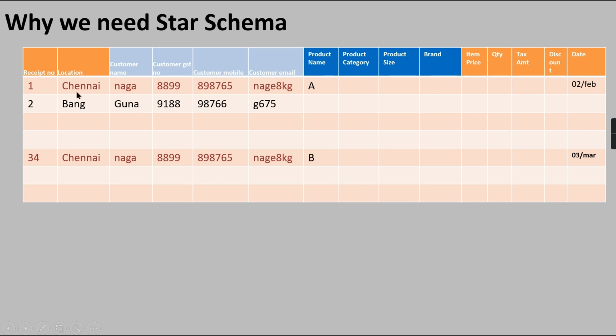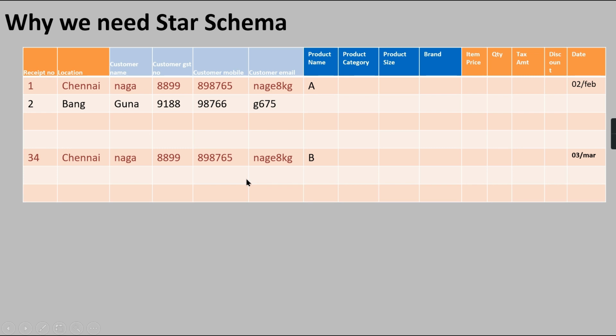You can see this particular customer purchased in Chennai and his information is repeated here: Naga, customer GST number, customer mobile number and customer email. So the information is repeated if you maintain the data like this.